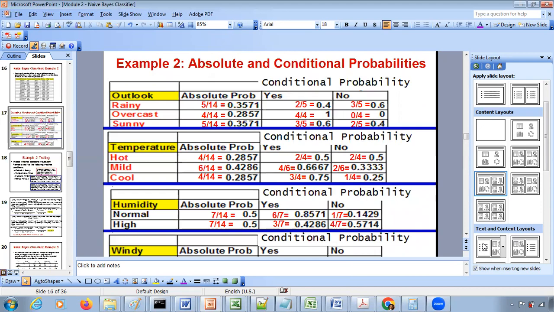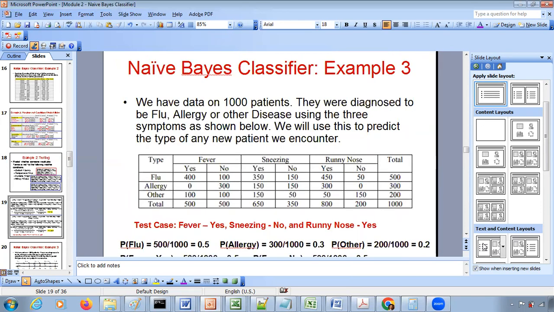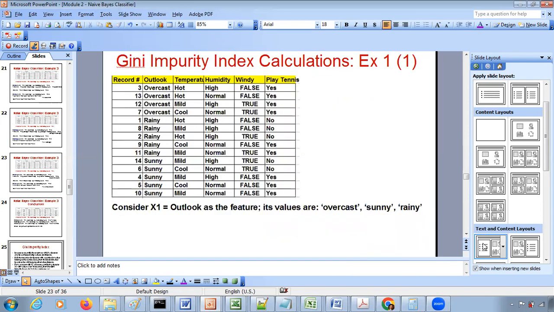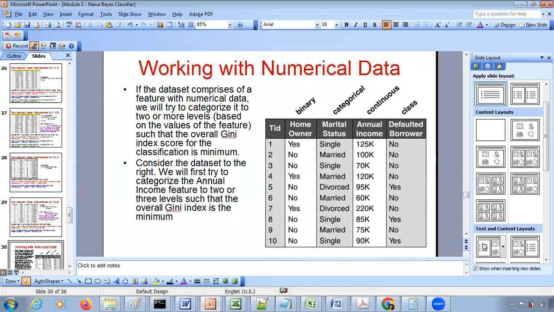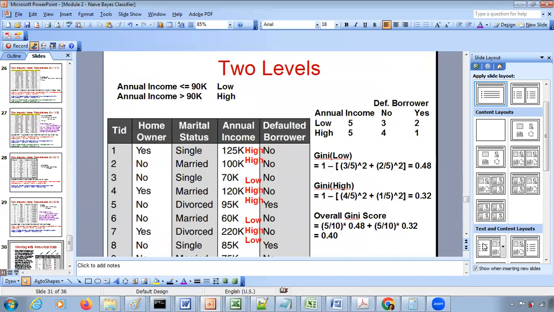We just go with determining the absolute probability and conditional probabilities and so on. Only if your data set has numerical data do we need to use a Gini impurity index as a basis to transform this feature from numerical to categorical data.